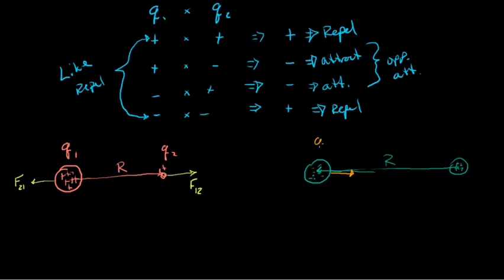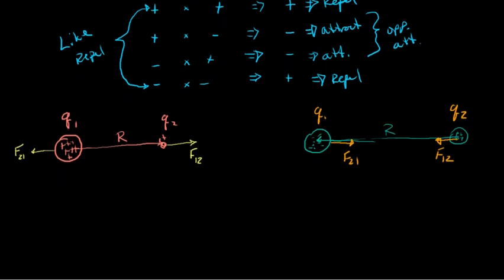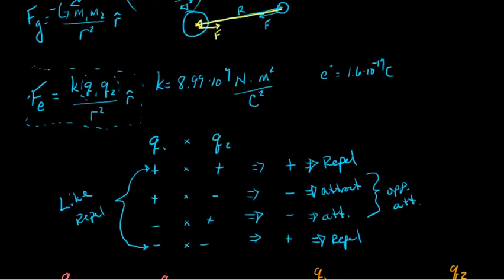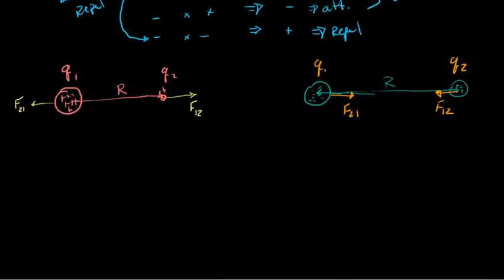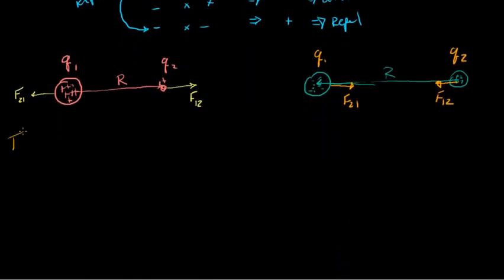This is Q1, Q2. This would be the force of 2 on 1, and this would be the force of 1 on 2, and they'd be attracting each other because they have opposite charges. But we also have this r squared on the bottom, and they behave according to the inverse square law.